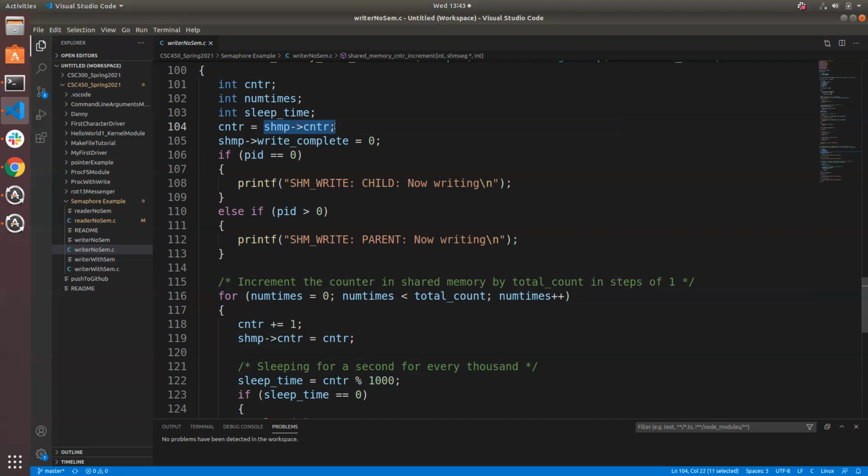And when the parent gets to their line 104, they're going to say, I'm going to initialize my local variable counter equal to whatever that says counter is. And we can assume that for parent, let's say they got to go first, it's 0. But then the child swoops in, and maybe quick enough that the parent hasn't gotten to this line for the first time yet. And if that's the case, the child would also grab a 0, right?